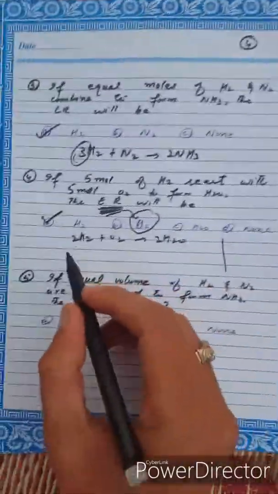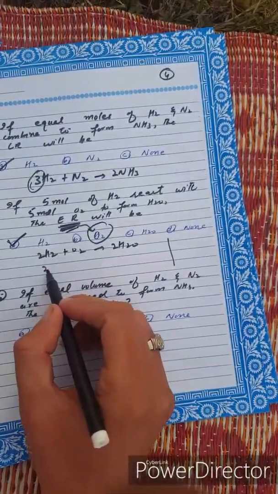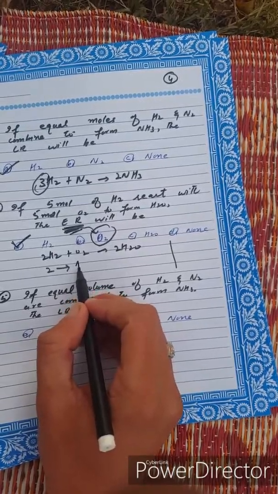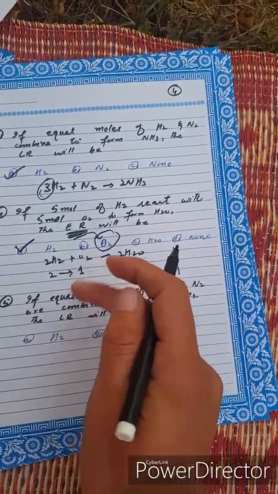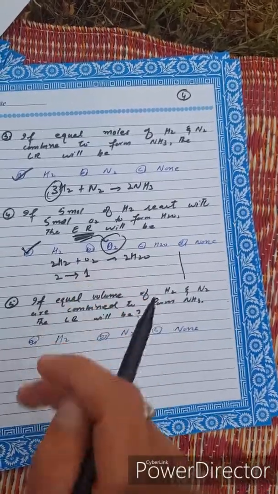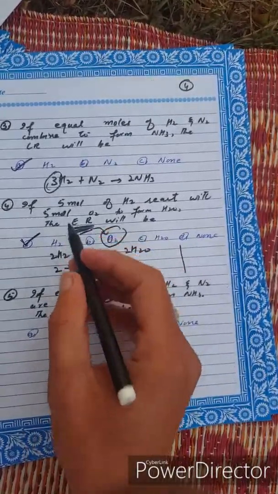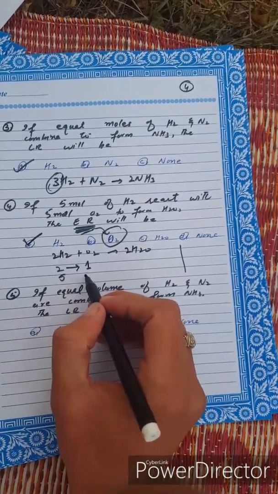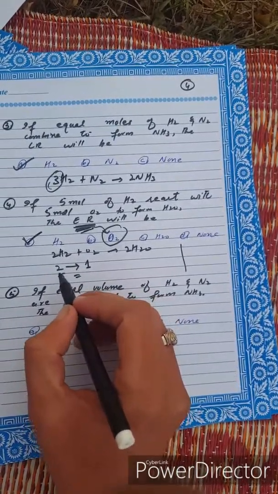Look here. For 2 moles of hydrogen, 1 mole of oxygen is required. This equation shows us that for 2 moles of hydrogen, 1 mole of oxygen is required. Now for 5 moles of hydrogen, how many moles of oxygen will be required?